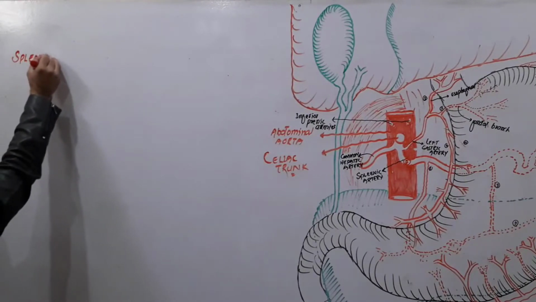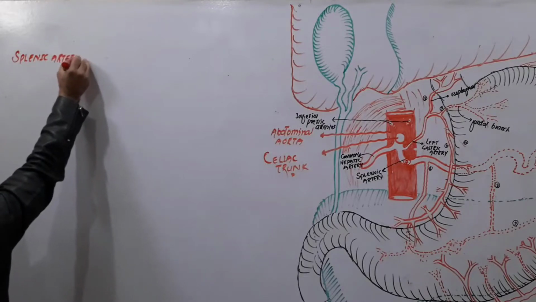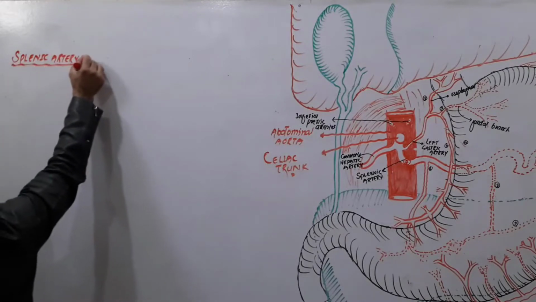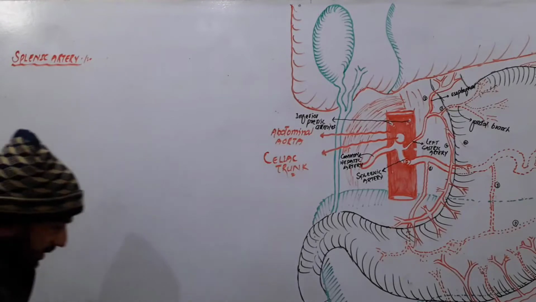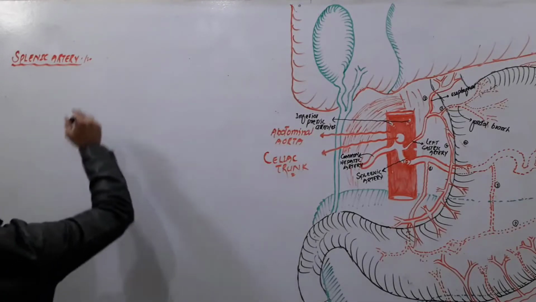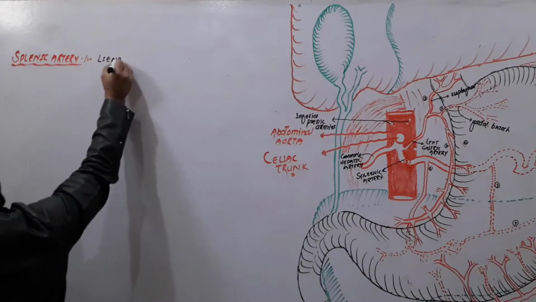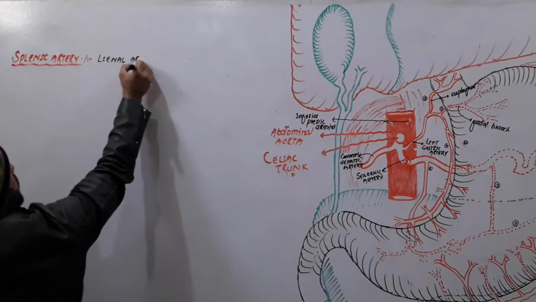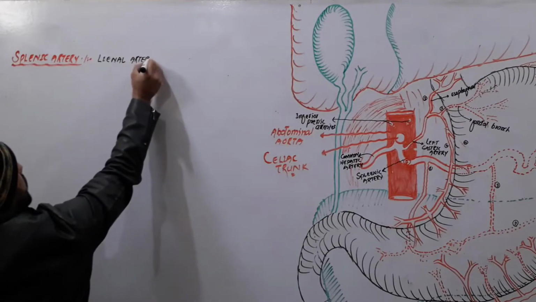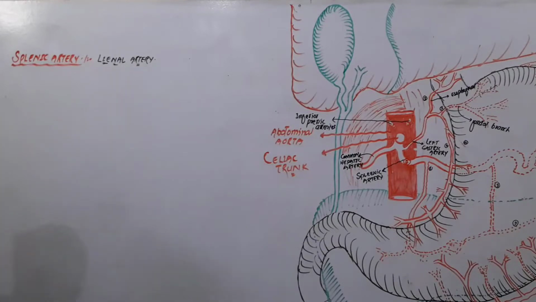Splenic artery. Right, friends. This splenic artery is also known as the lienal artery, L-I-E-N-A-L. So we can call it lienal artery or splenic artery.